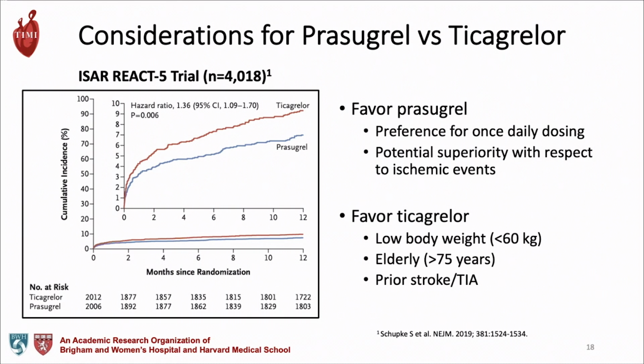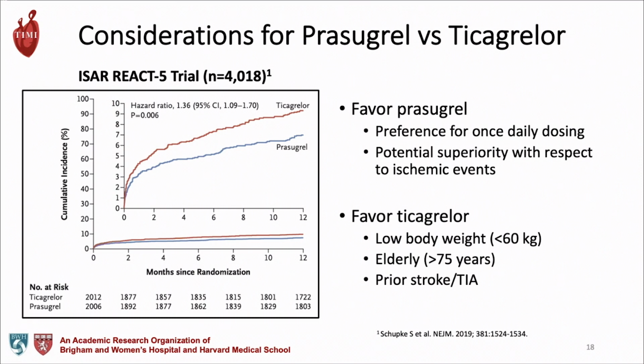There have been some methodologic issues raised about these results, but in brief, the data showed that there was a reduction in ischemic events in patients who were randomly allocated to prasugrel as compared with ticagrelor. And so current European guidelines, which are the only guidelines that have come out since this trial was reported, give a nod to prasugrel as the preferred agent over ticagrelor.